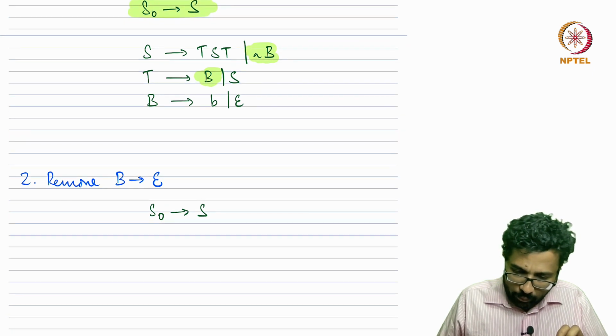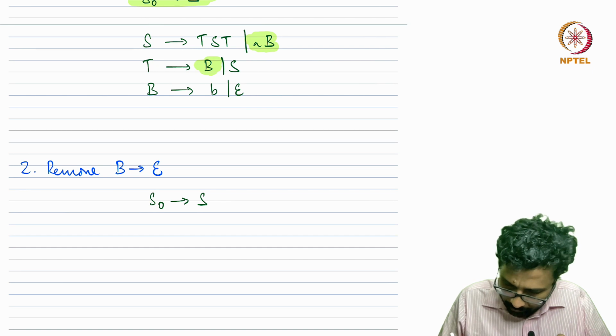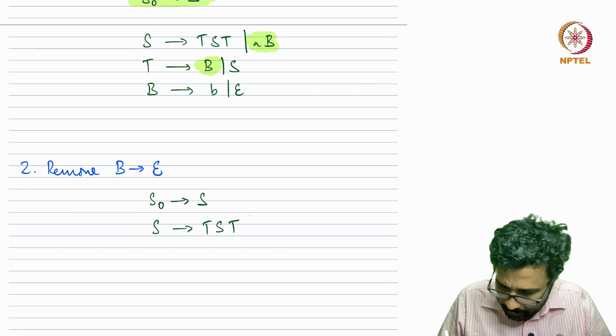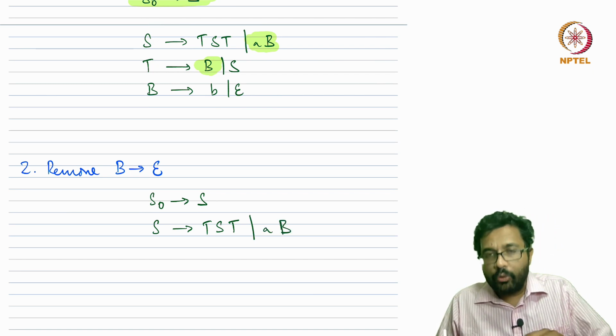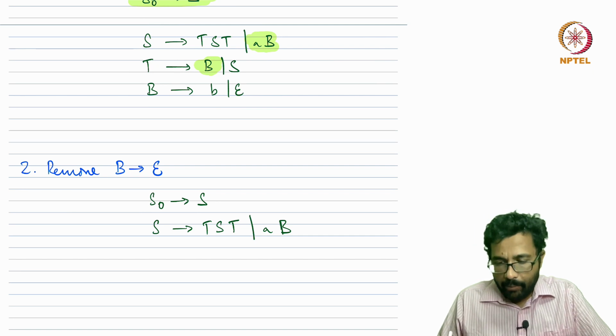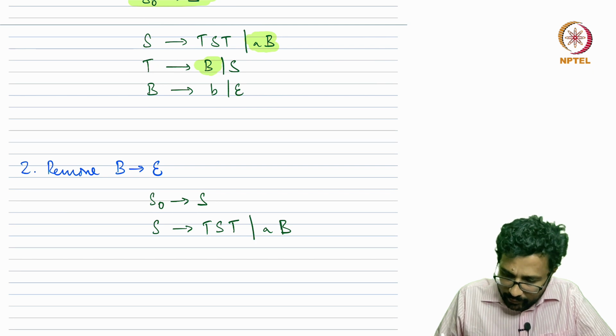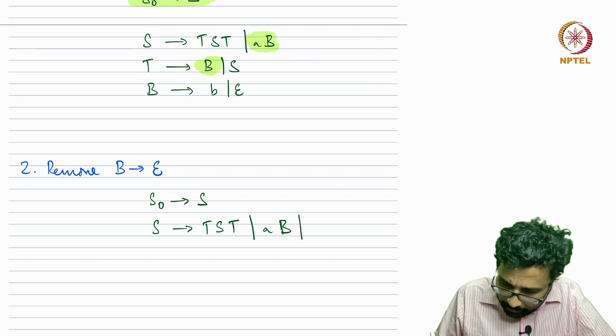So let us see what I mean by that. I have the rule S gives TST, which is unchanged. Now S gives AB is there, but we know that B could have gone to epsilon, and now we are removing that, which means we account for it here.